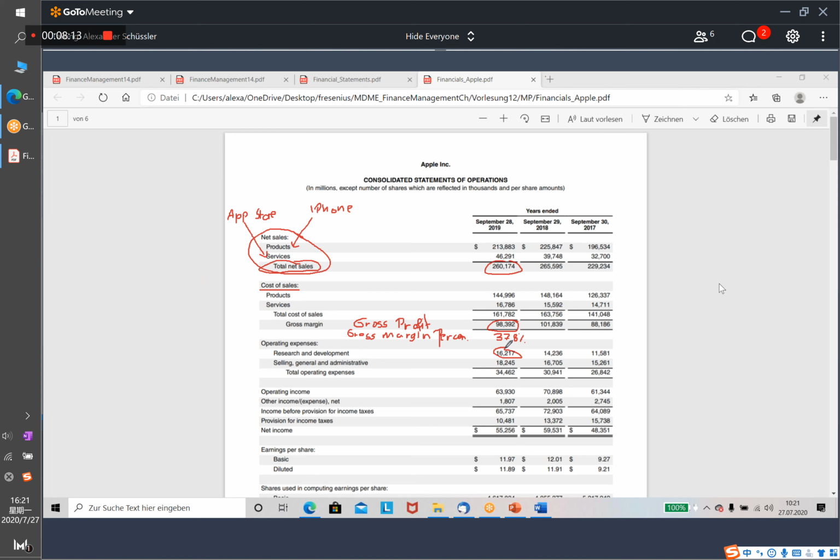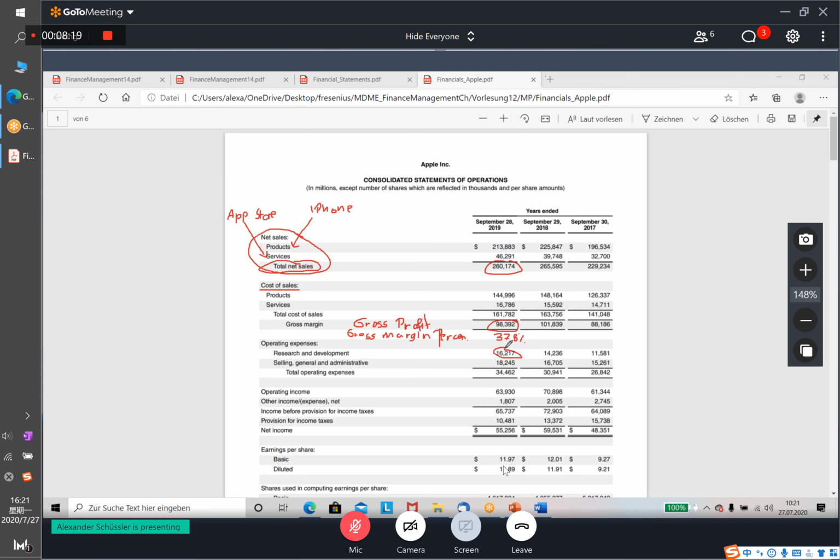In the case of Apple? Yeah, very good. So they develop a new iPhone. So that costs money.